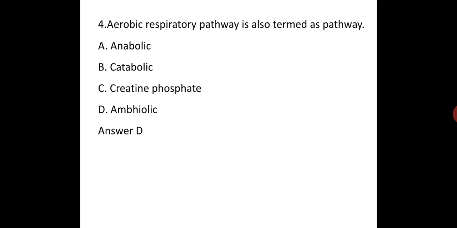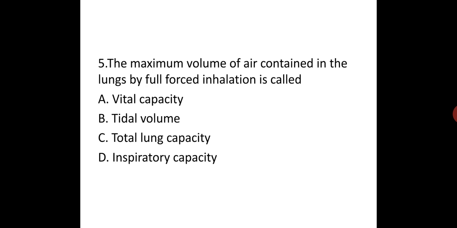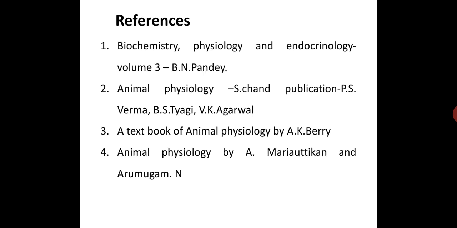A is anaerobic, B catabolic, C creatine phosphate, D amphibolic. The answer is D. The maximum volume of air contained in the lungs by full forced inhalation is called vital capacity, tidal volume, total lung capacity, or inspiratory capacity. The answer is tidal volume.